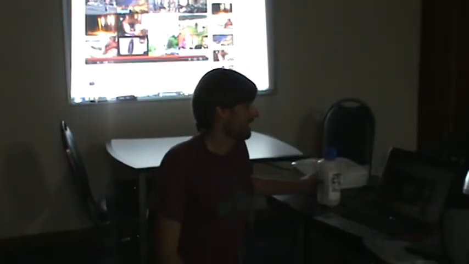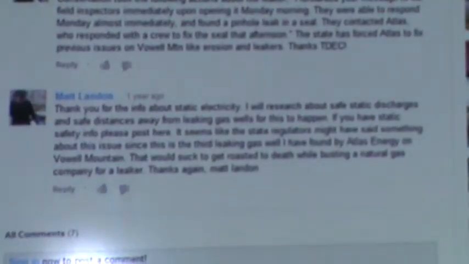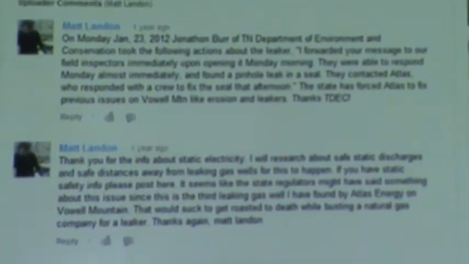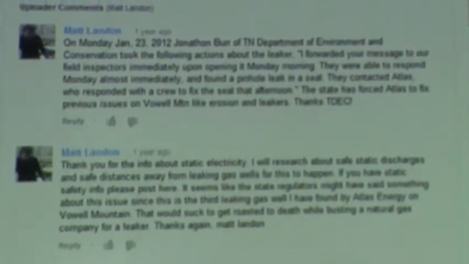So in the comments, this was where they're loading. On Monday, the next day, Jonathan Burr of the Tennessee Department of Conservation took the following actions about the leaker. He said, I forwarded your message to our field inspectors immediately.